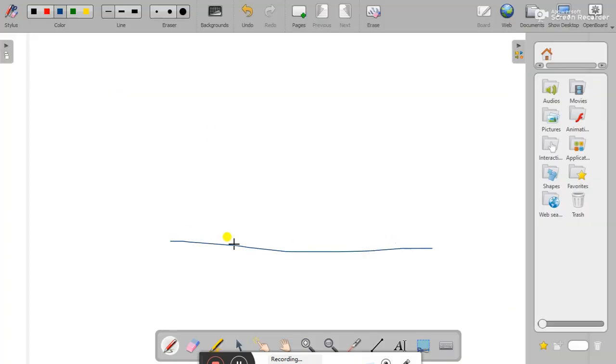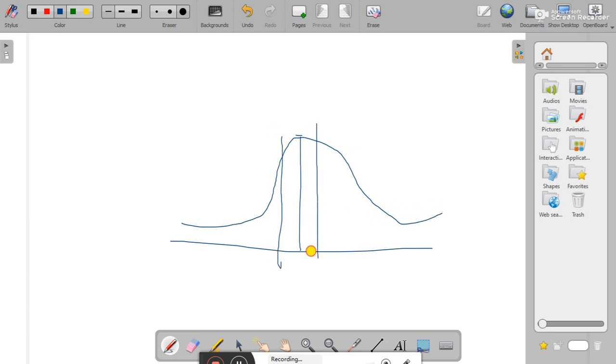Okay, it means that suppose that is the mean of some data, then this much percent might be 68%, this much percent might be 95%, and this much percent might be 99 point something.